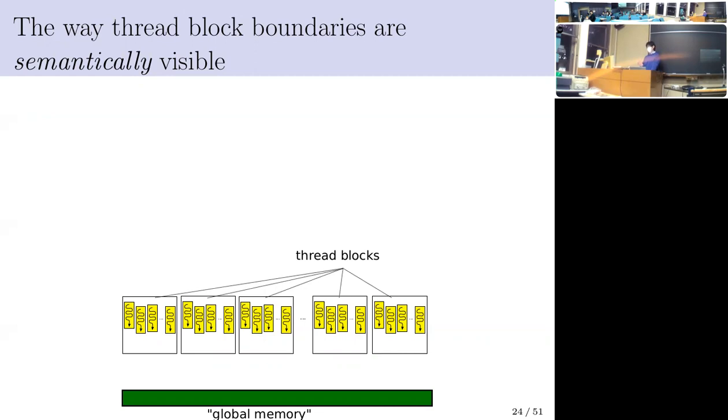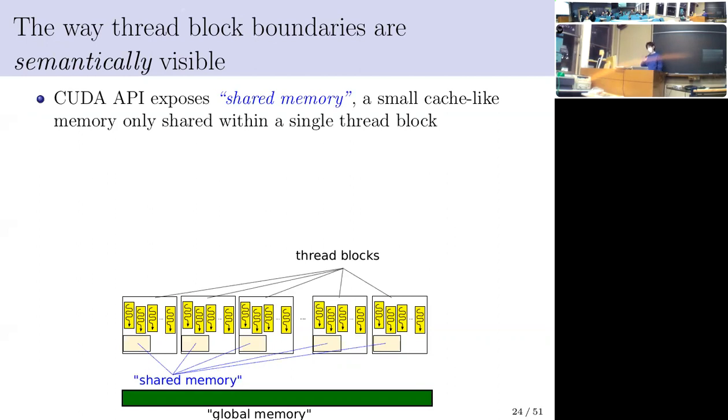Actually, there are two ways in which this boundary between thread blocks is visible from the programmer's perspective, apart from performance. The thread block boundaries are semantically visible; they affect the correctness of the program. One is that the CUDA API exposes something they call shared memory.